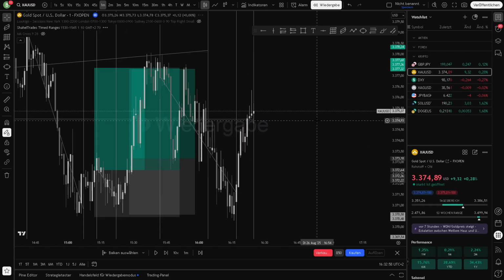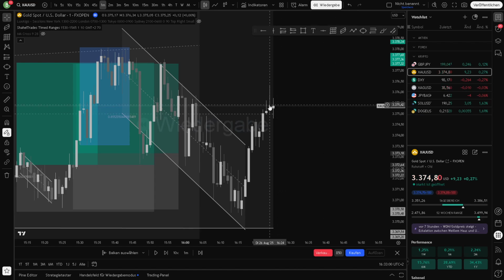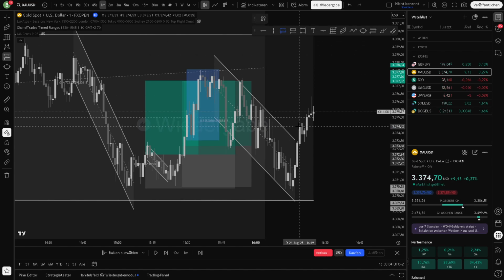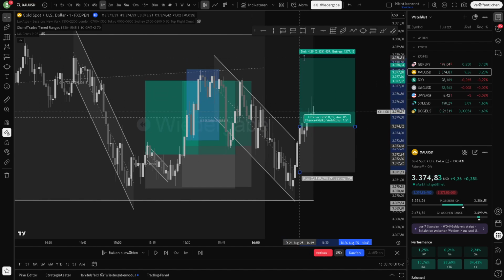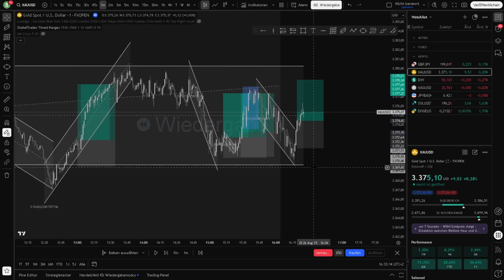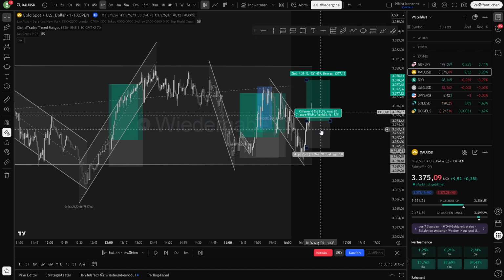But I would have had a pretty bad RR, I guess. Okay, that's 50% here to be generous. Yeah, okay, 1.5, but there's a big difference between that trade and this trade here.